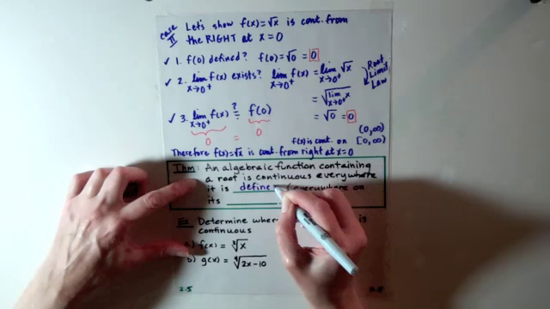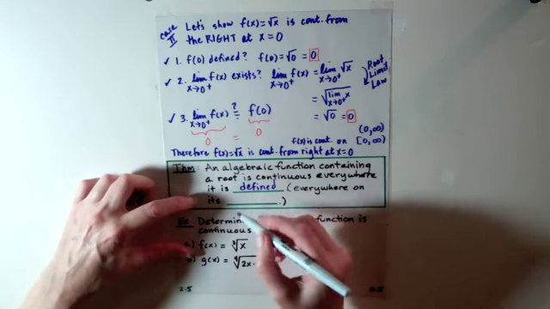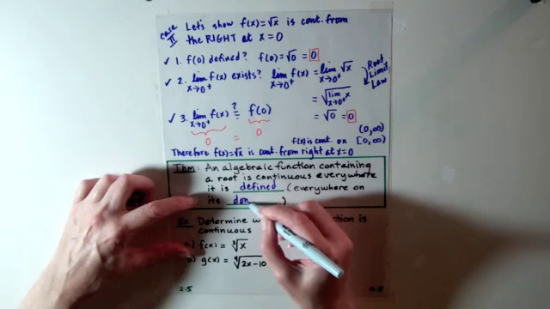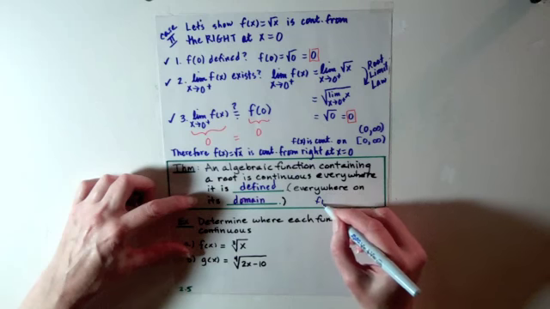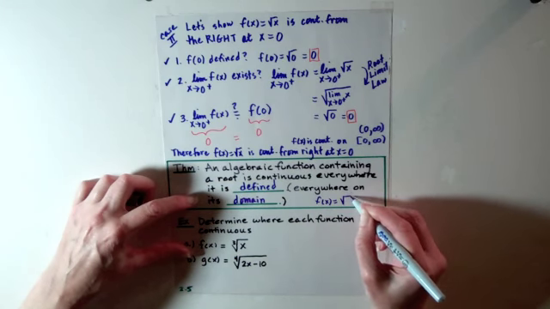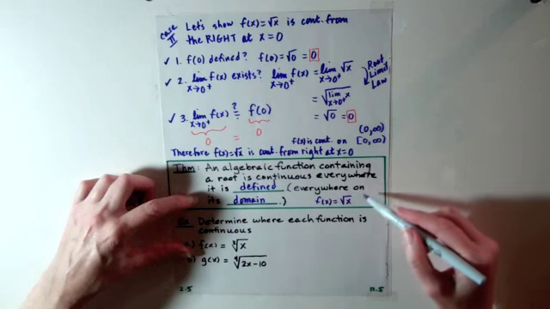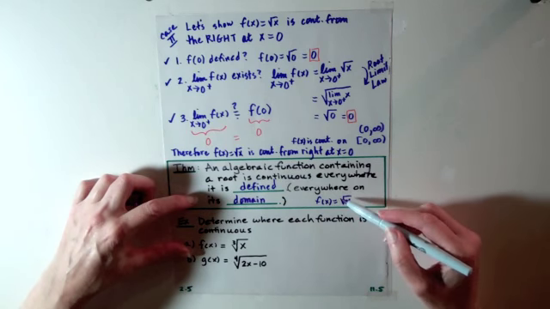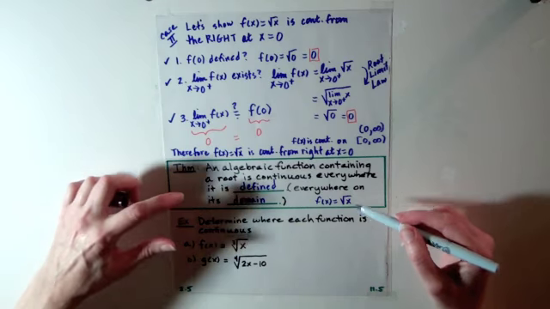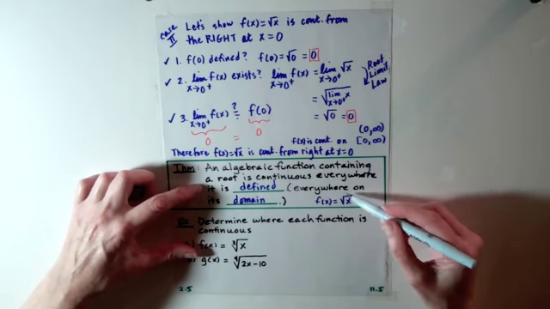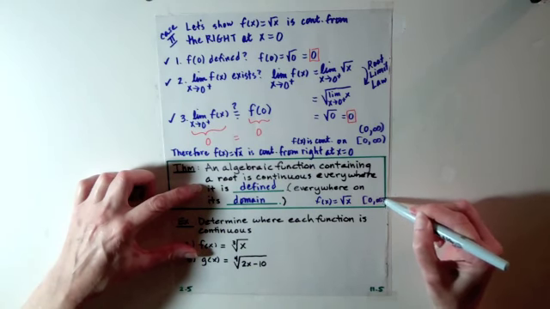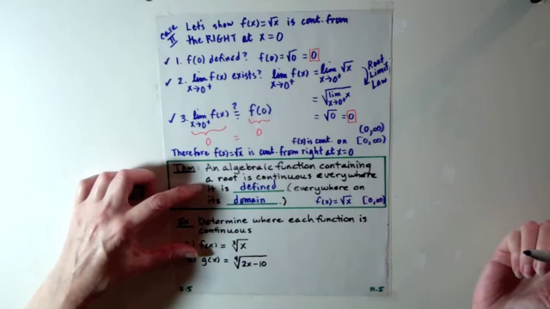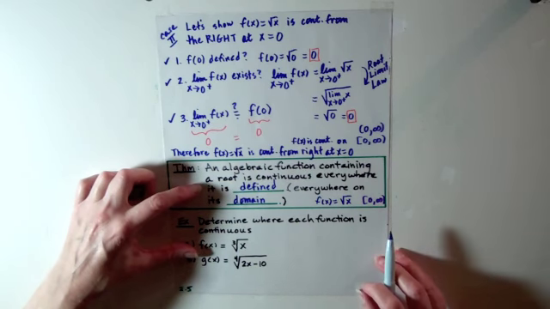Or another way of saying it is everywhere on its domain. And what we just showed was that f of x equals square root of x is continuous everywhere on its domain. That means exactly the same thing as everywhere it's defined, because remember, square root of x is defined everywhere on the interval from 0 to infinity, the half open interval from 0 to infinity.